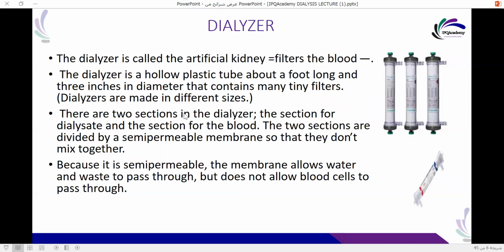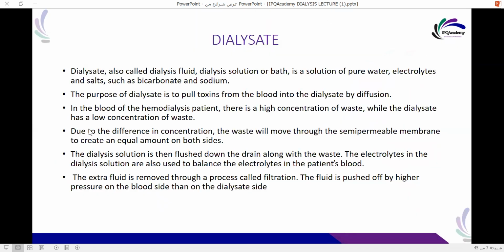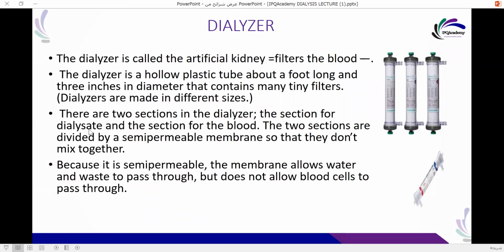Dialyzers are made in different sizes. There are 2 sections inside the dialyzer: a section for the dialysate and a section for the blood. The 2 sections are divided by a semi-permeable membrane so that they don't get mixed. Because it's semi-permeable, the membrane allows water and waste to pass through, but doesn't allow blood cells to pass through.